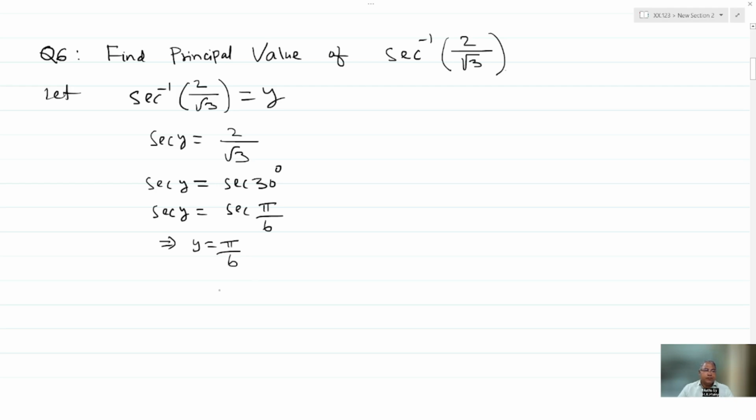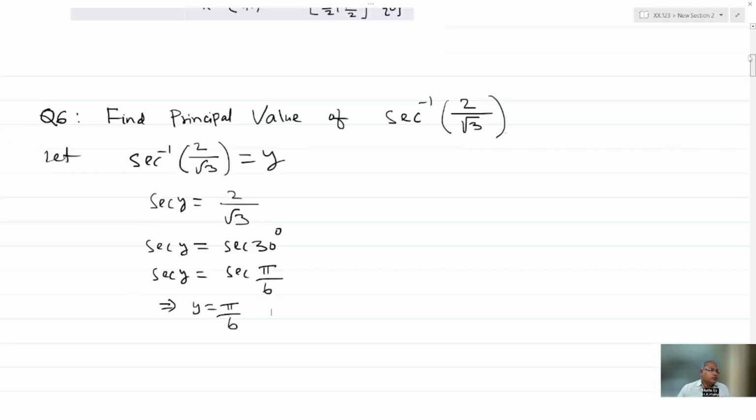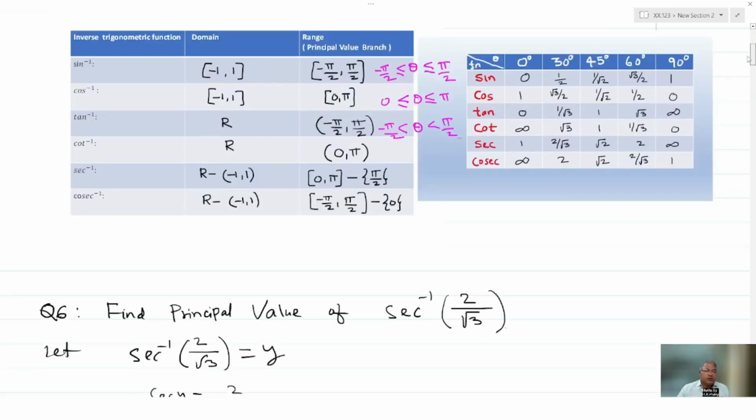We need to decide whether it is the principal value or not. For that, we need to see the table for the principal value branch for sec inverse. The principal value branch for sec inverse is 0 to pi, minus pi by 2.